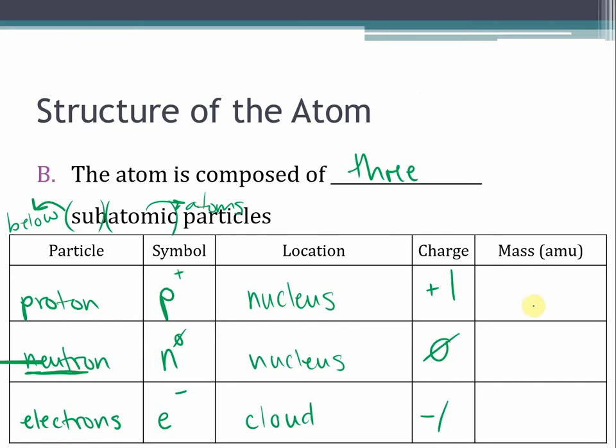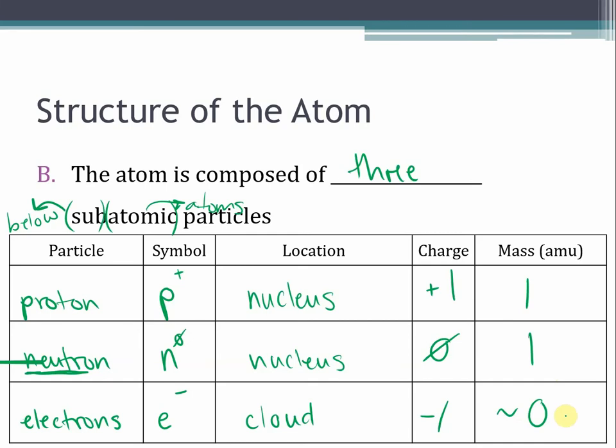For our masses, as we saw a second ago, pretty much all of the mass of the atom is concentrated in the nucleus. That's because your protons have a mass of 1 AMU. We'll talk about AMU in just a second. Your neutrons have a mass of 1 AMU, so protons and neutrons have pretty much the same mass. And then your electrons have a mass essentially of 0.